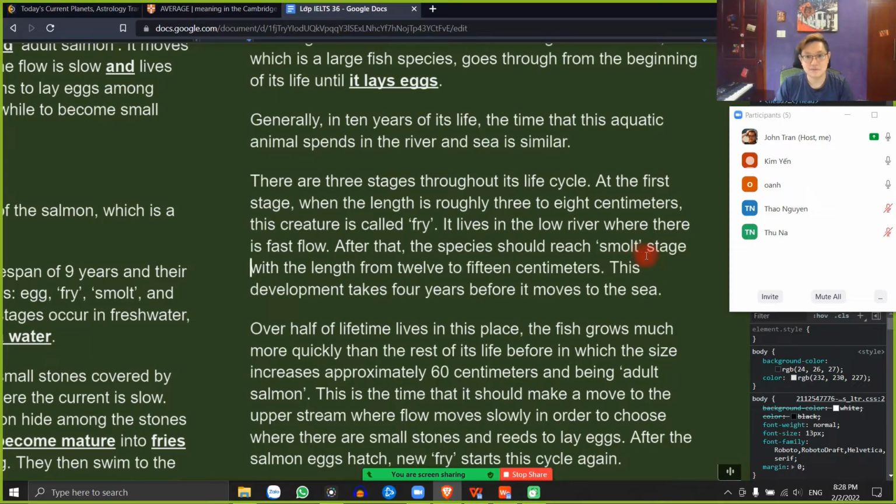Cái giai đoạn smolt. Should reach smolt stage. Reach the smolt stage. With the length from, với một cái chiều dài từ 12 cho đến 15 cm. With a length from 12 to 15 centimeters.